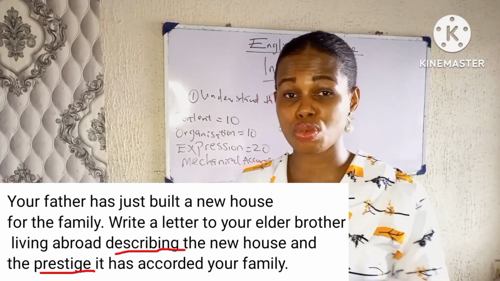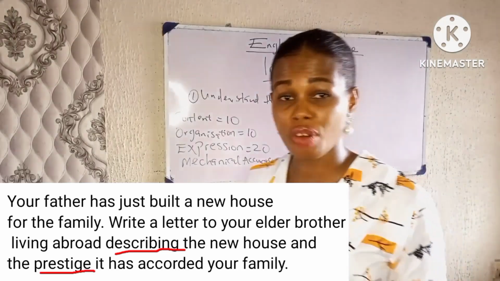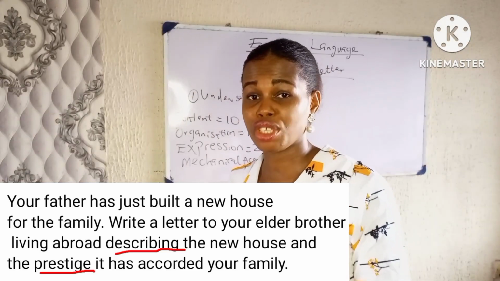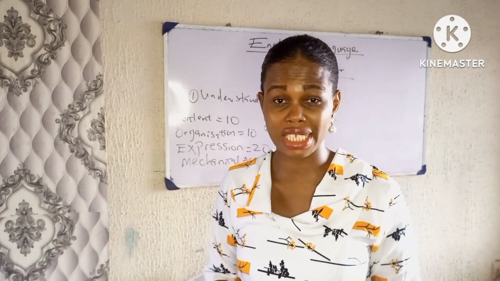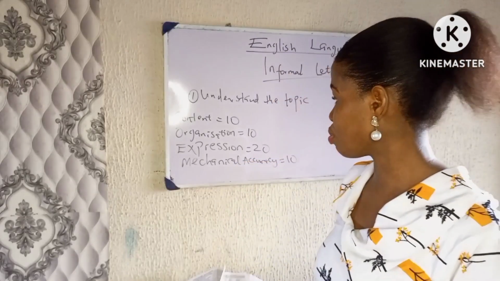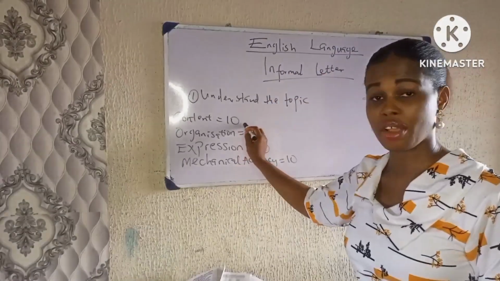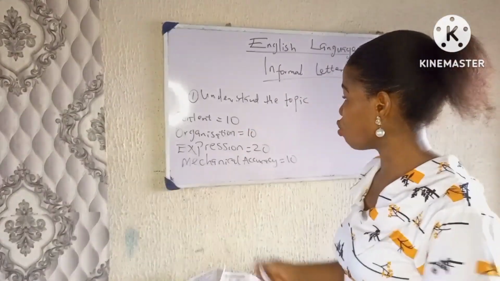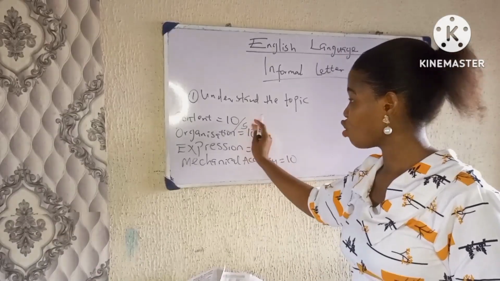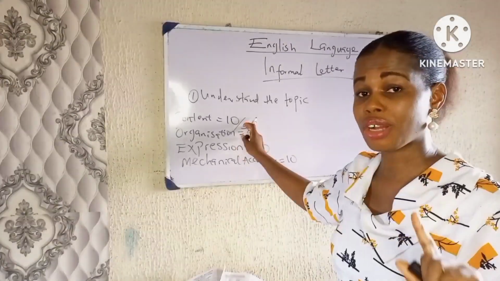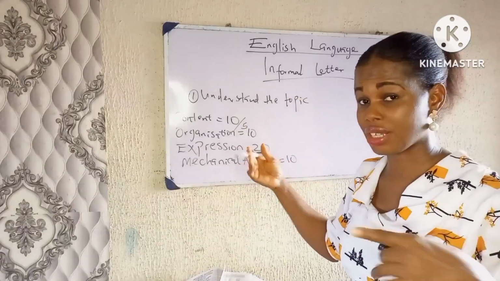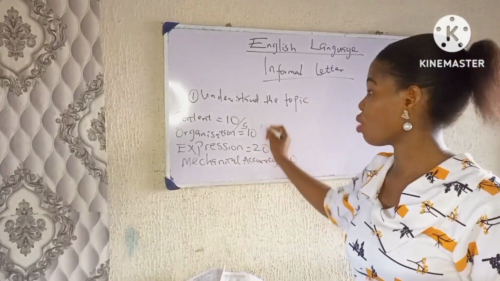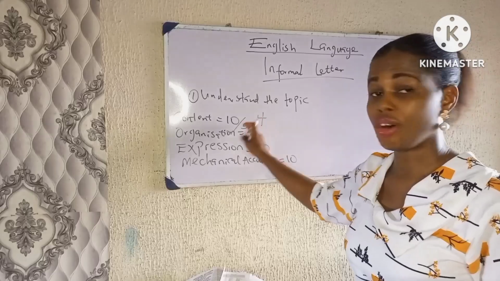Make sure you cover the two parts in the content of your letter, because if you don't cover the two parts, instead of you to be judged over 10 in content, you'll be judged over 5. WAEC says a candidate that does not cover the two parts in a topic that contains two parts should not score above 4 under content.